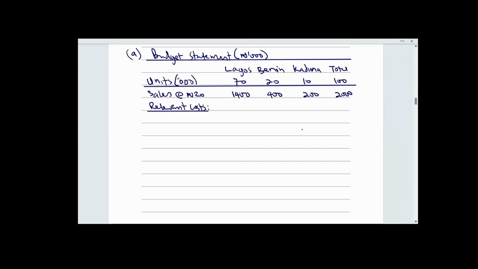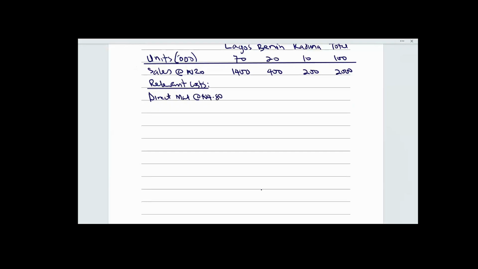Under the relevant cost, I will go to the question: am I given direct material? Yes, here I can see direct material of 4 naira 80 kobo. So I will then say direct material at 4.8.